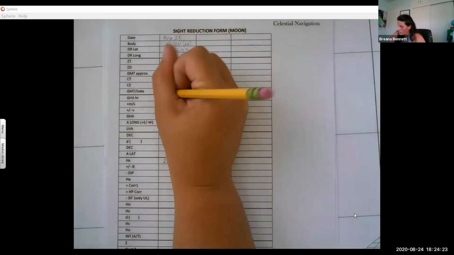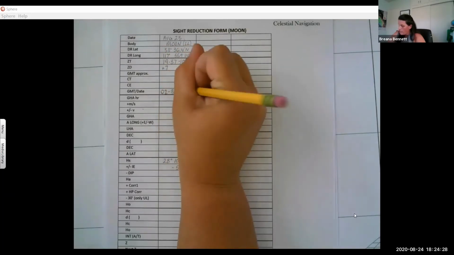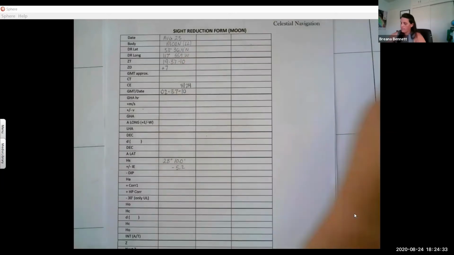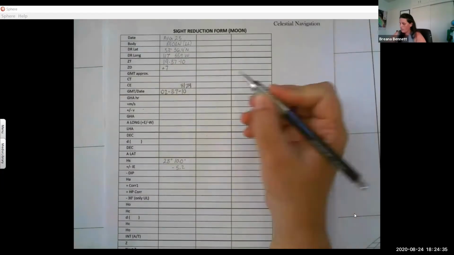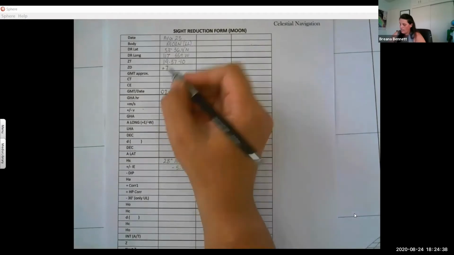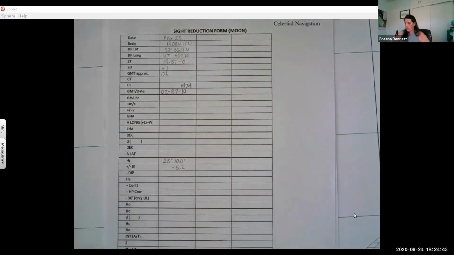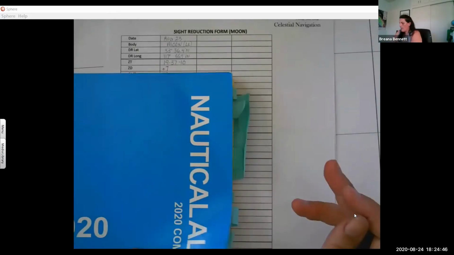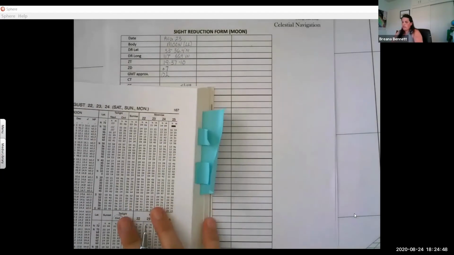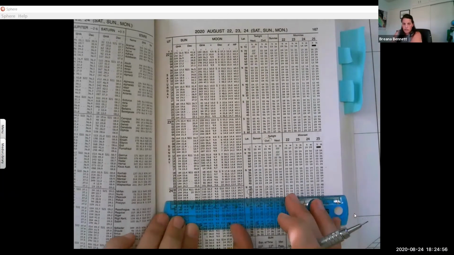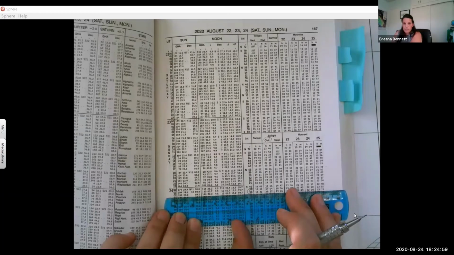So my GMT is going to be 02:37:10 on the 24th, on the next day. I added my 7 and I got 02. So we go to the Nautical Almanac, to the 24th at 02, and we're looking at the moon.